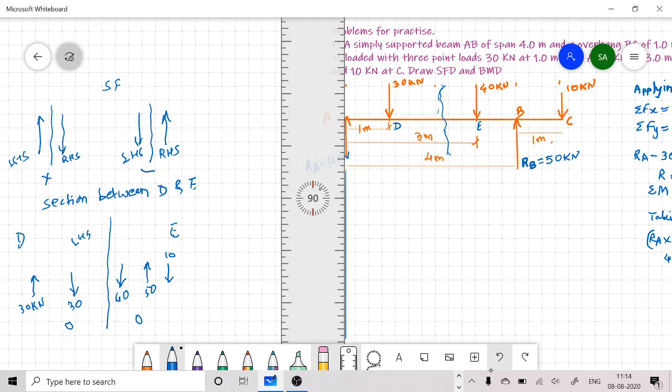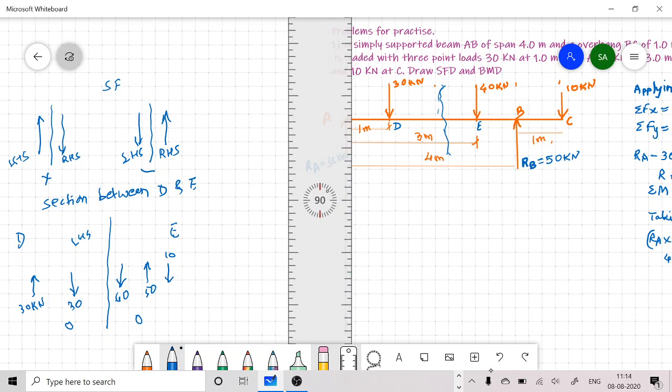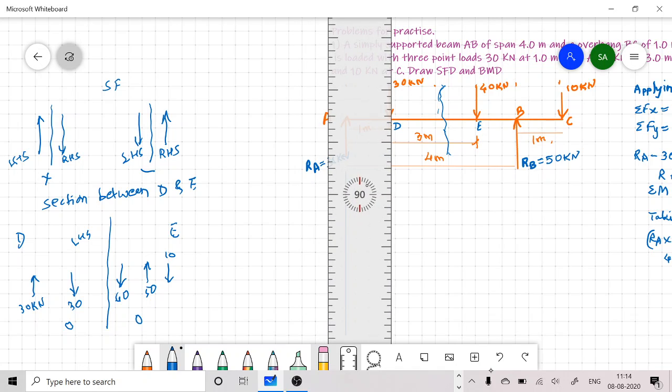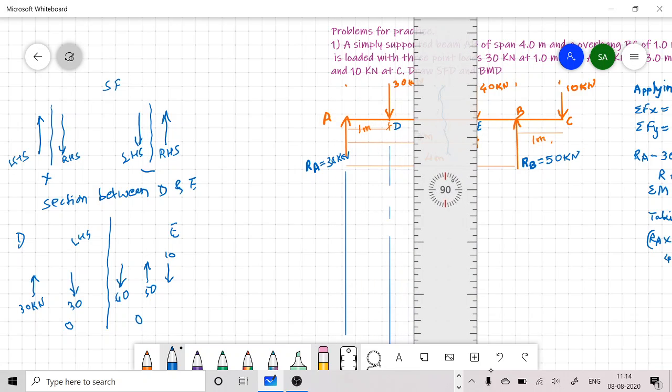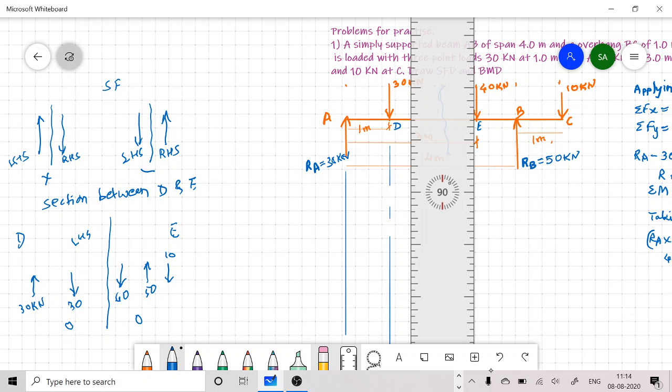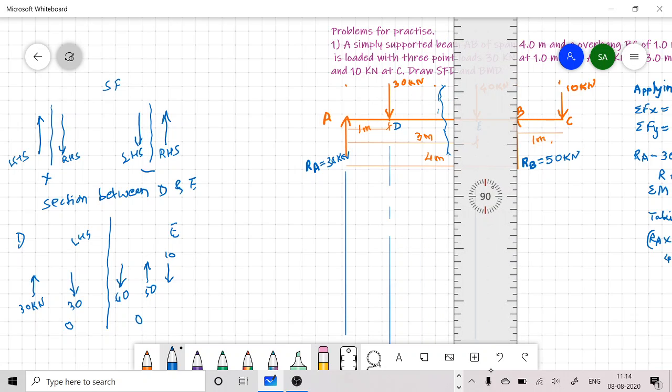Now I am drawing the shear force diagram directly. This is the sample calculation shown to you. I am projecting these lines of load so that I can draw the diagram. These are the lines projected.